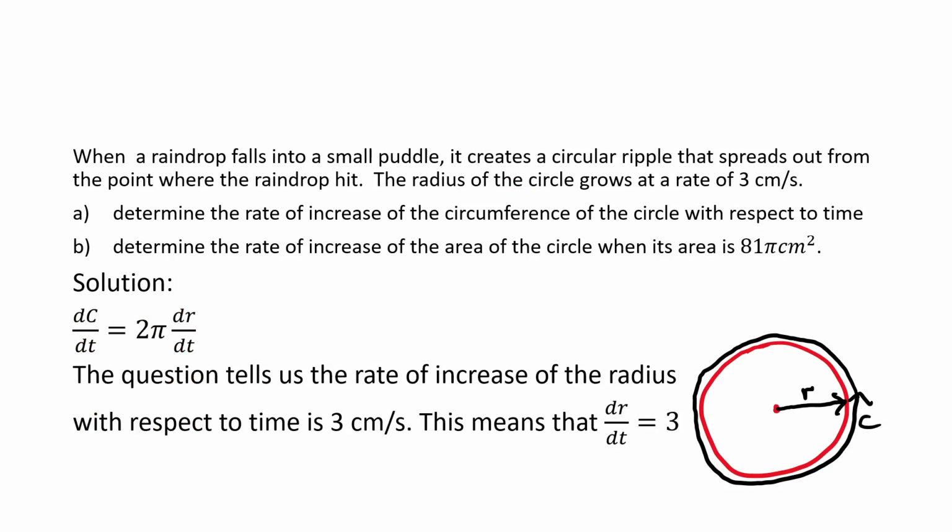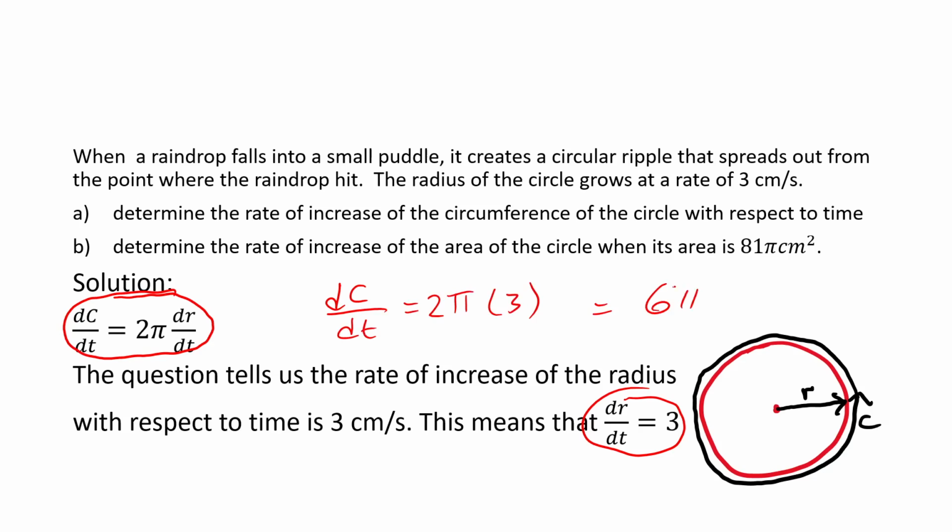Okay, so we go on to the next slide, and so we've got the rate of change of circumference with respect to time is 2 pi times dr over dt. Well, since the rate of increase of radius with respect to time is 3 centimeters a second, that means dr over dt equals 3. So that means dc over dt is going to equal 2 pi times 3, which is going to be 6 pi.